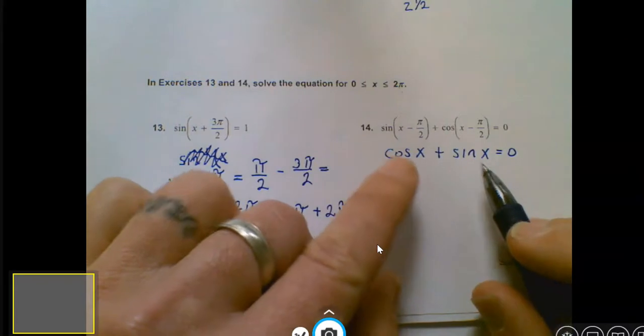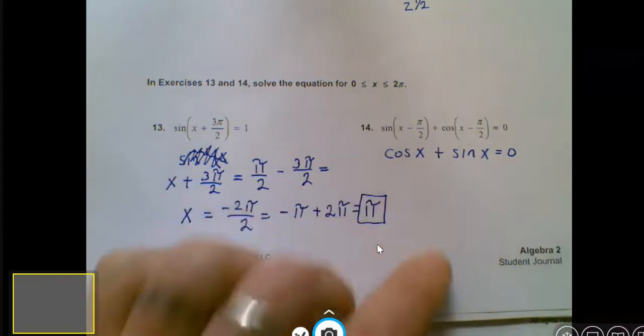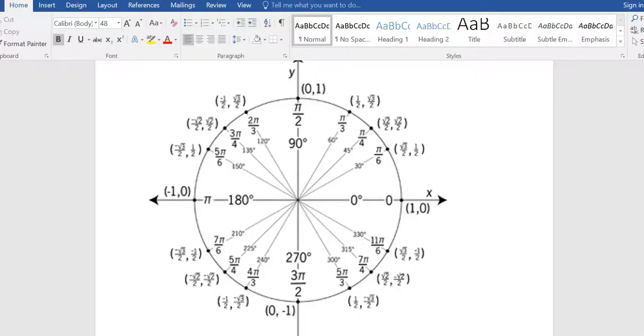So where do we get values where the cosine of an angle plus the sine of an angle is 0? If I look here and add those together, I get 1. So I'm looking for a case where if I add the cosine, which is the x, plus the y, I get 0.